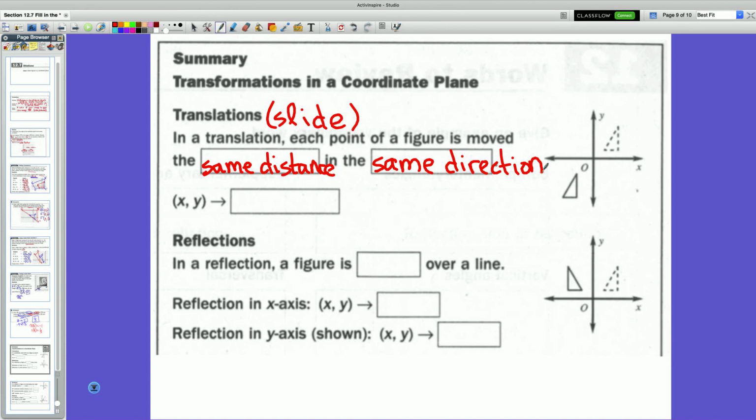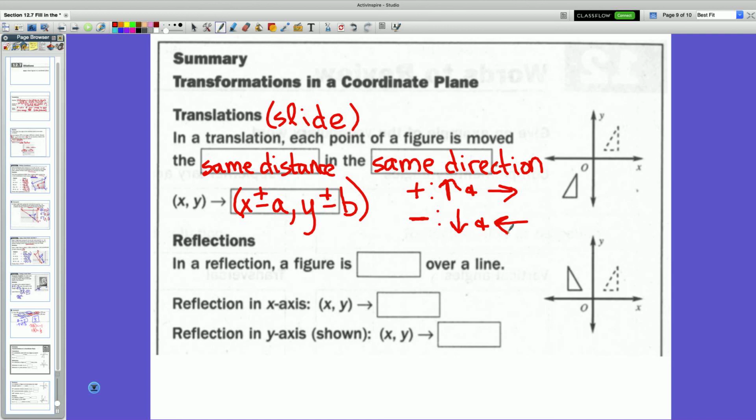So xy goes to x plus or minus a number, and then y plus or minus a number. And remember, the plus and minus depends on which way you're going. Plus means up and right. Minus would mean down and left.